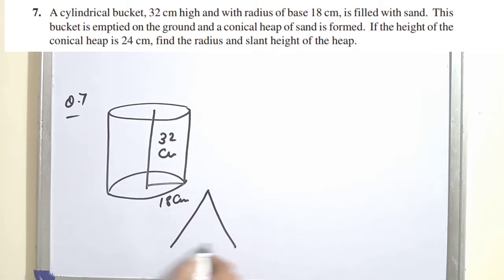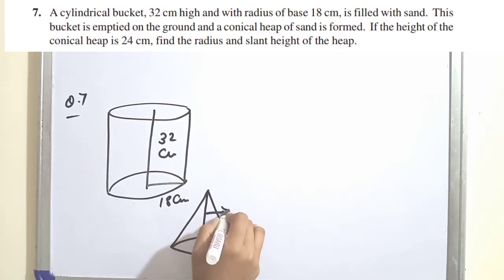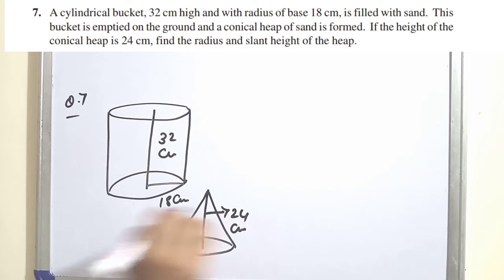After unloading, a conical heap is made using this sand. And given that the height of this conical heap is 24 centimeter. Find the radius and slant height of the heap.